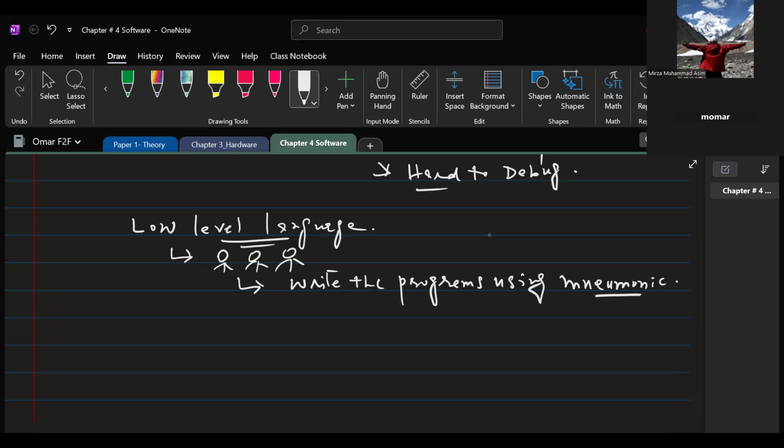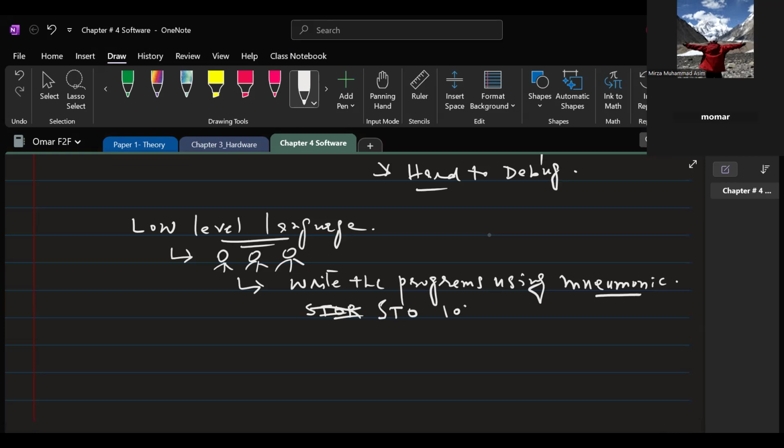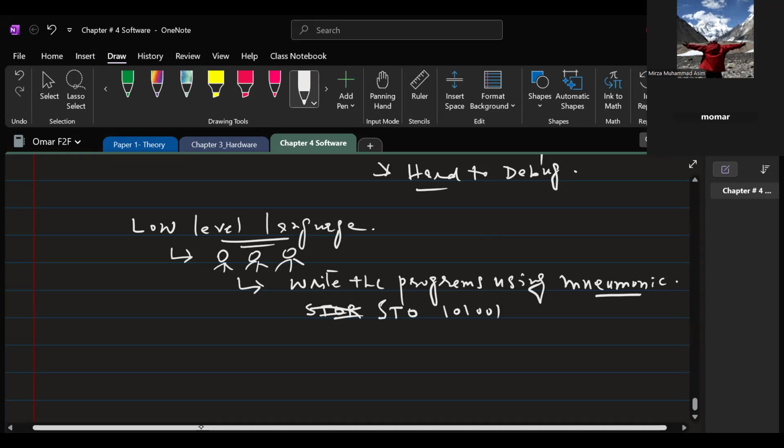For example, if you need to store the data, then you have to write this command STO and the location. Okay, so this is a mnemonic code. LDD, JPN, JPE, right?